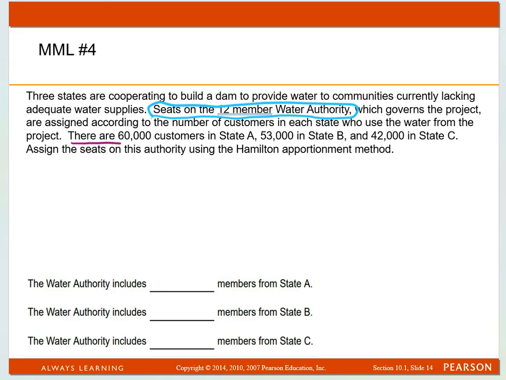There are 60,000 customers in state A and 53,000 in state B and, well, how about orange?